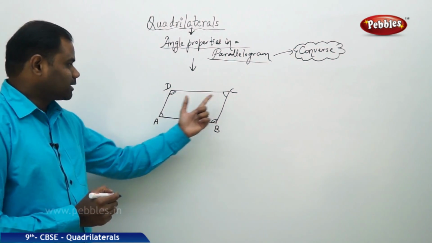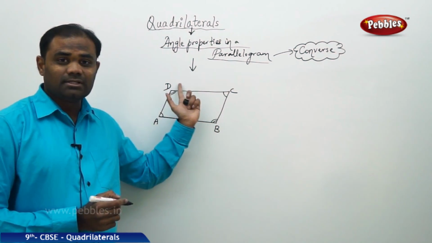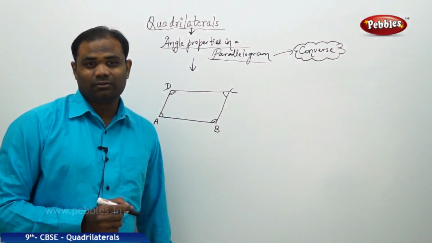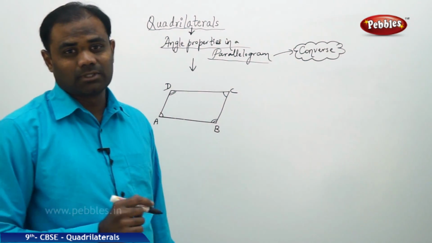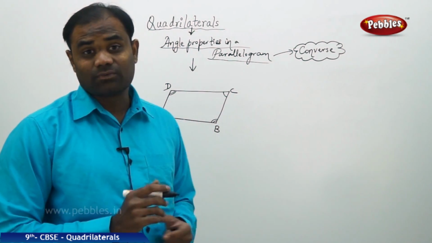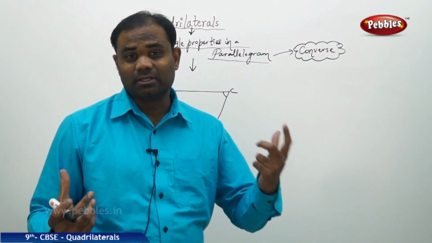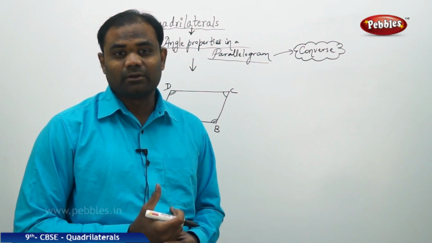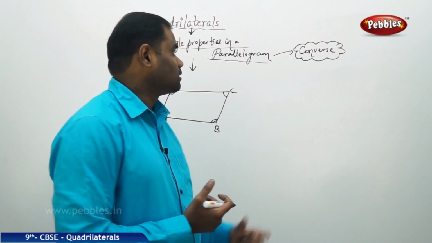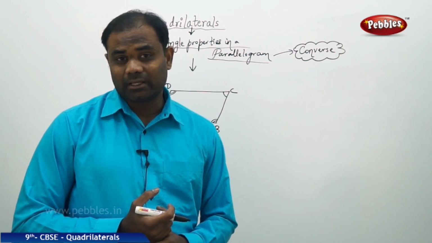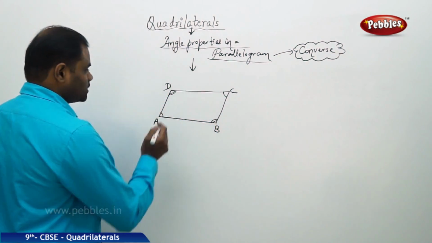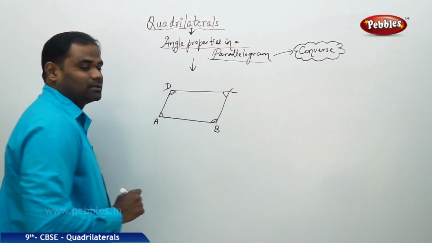If the opposite angles in the quadrilateral ABCD are equal, then the four-sided closed figure formed, with opposite angles being equal, must be a parallelogram, is how we understand the converse of the angle properties. So this equals this and this equals this.